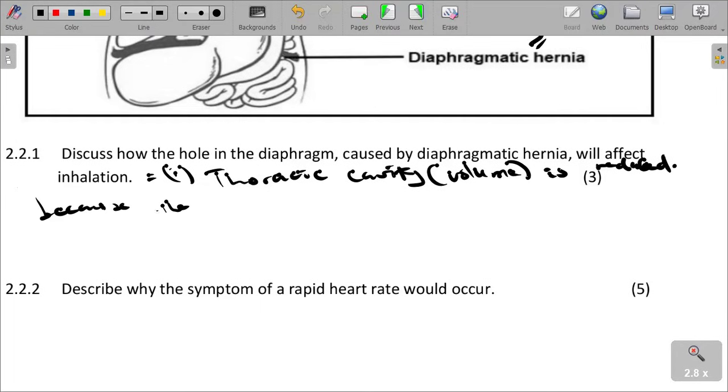because the abdominal organs are pushed inside.